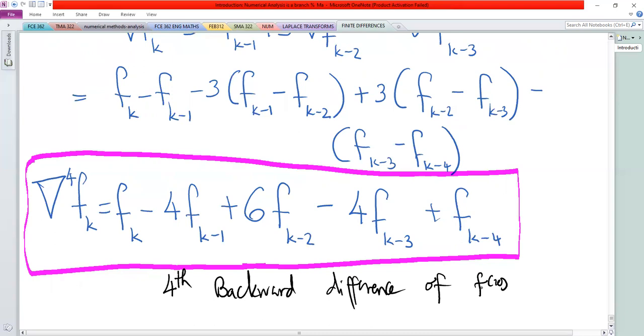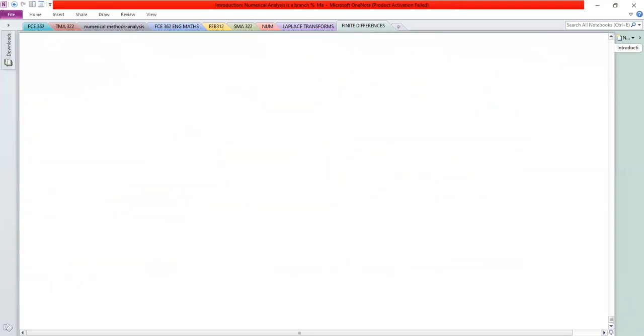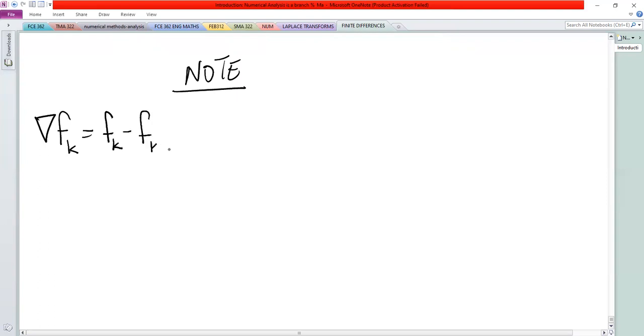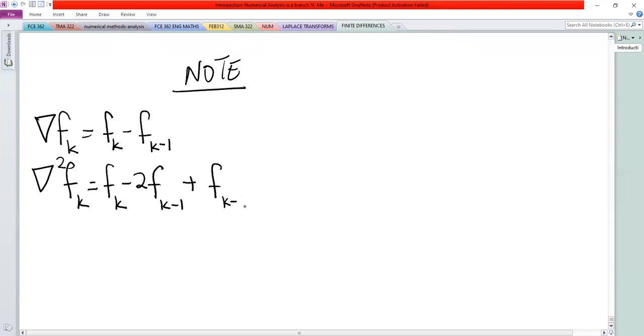So if we check the result for the first backward, note that the first backward of fk is fk minus fk minus 1. Second, we have gotten the answer to be fk minus twice fk minus 1 plus fk minus 2.